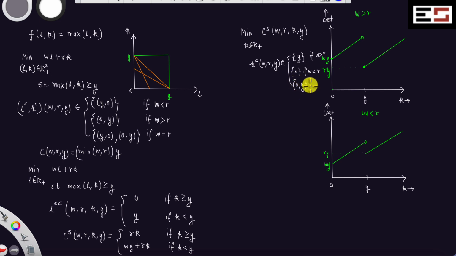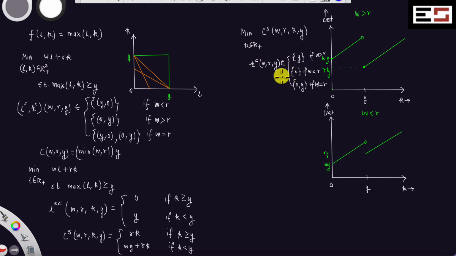Verify that if w is equal to r, then there are two optimal choices for capital, because in that case the function will look like this, and at both these points the value of the short-run cost is minimum. So both these values of capital, k equal to 0 as well as y, minimize the short-run cost with respect to capital.